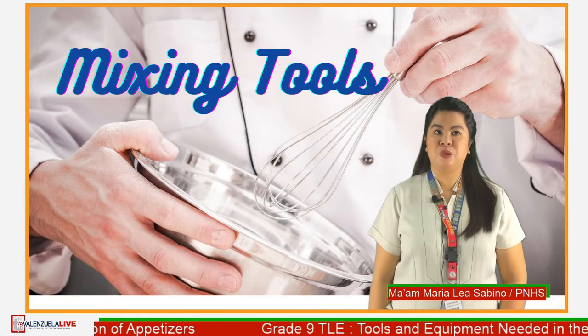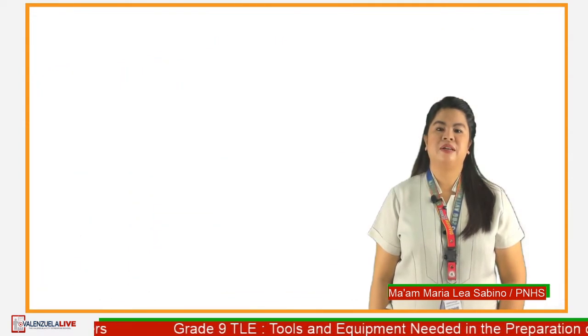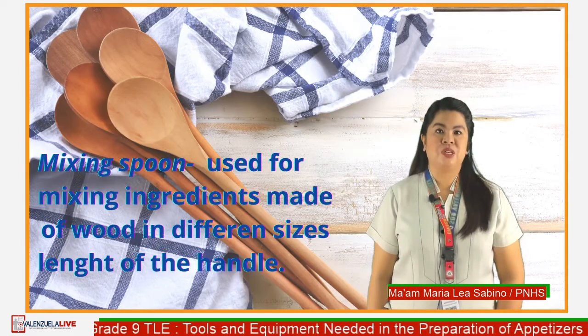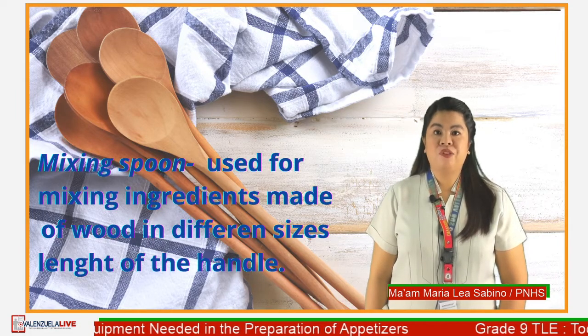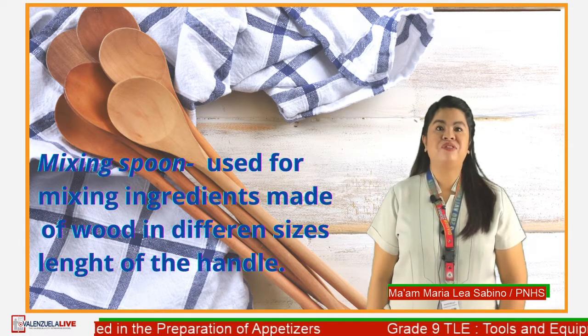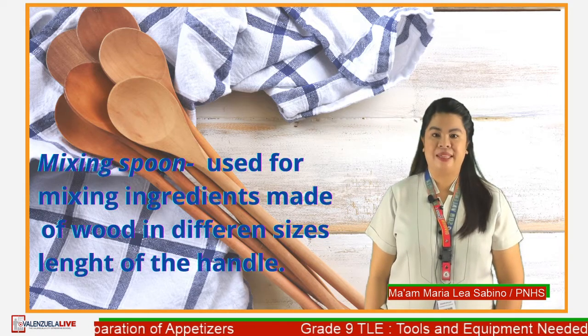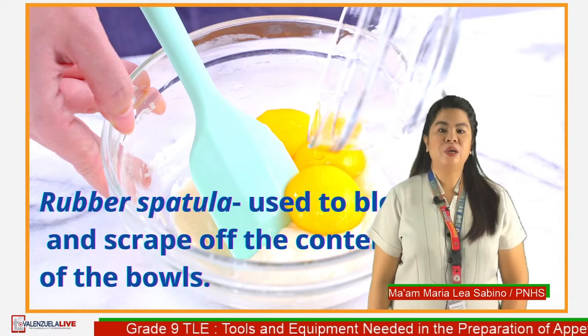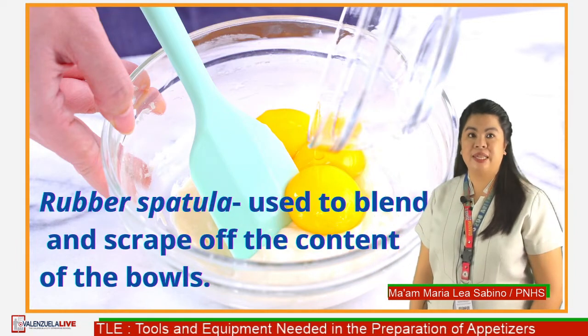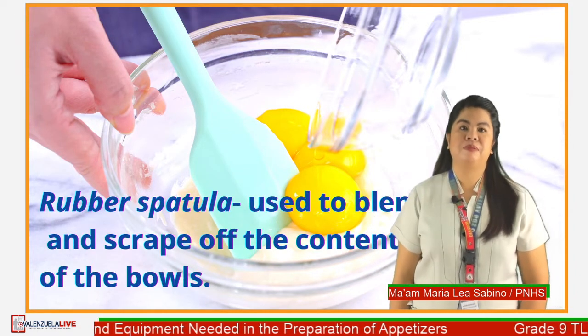Under the mixing tools, we have mixing spoons, used for mixing ingredients, made of wooden or plastic. We have different sizes and lengths of handles. Rubber spatula, used to blend or scrape off the content of the bowl.